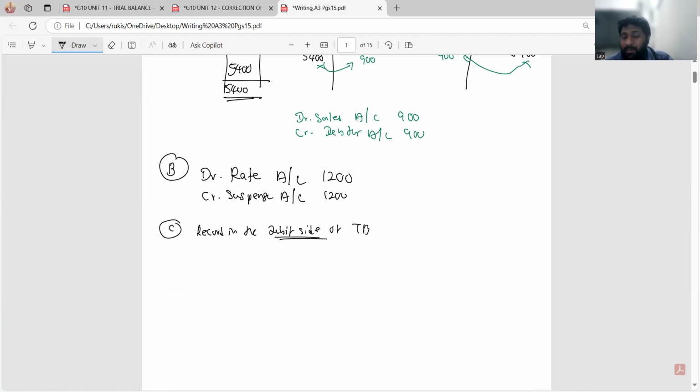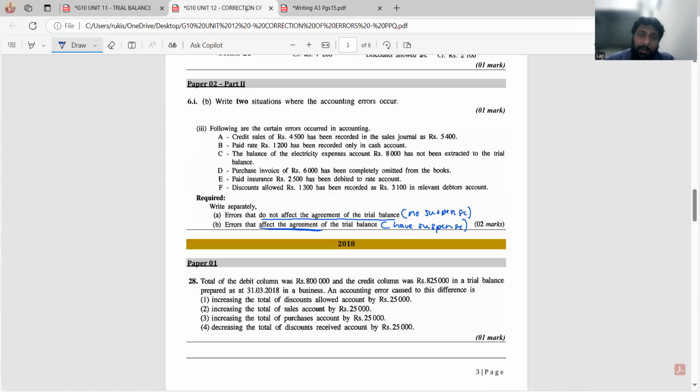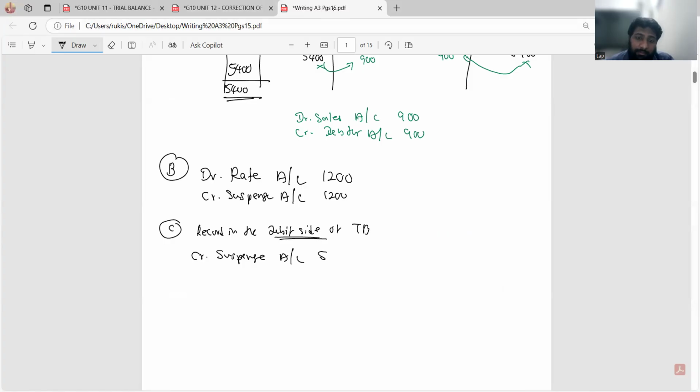So the debit side goes to the trial balance, and the other part will go to the suspense. Credit the suspense account 8,000. But this is the only journal entry that we have to write down. If they ask for the journal, they are not asking, I'm just telling you. D.